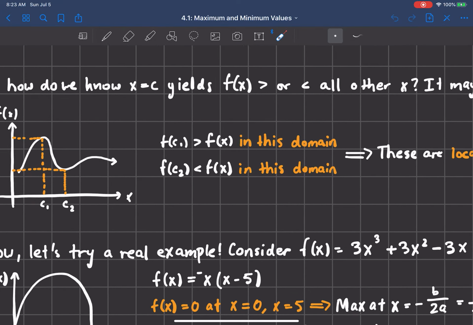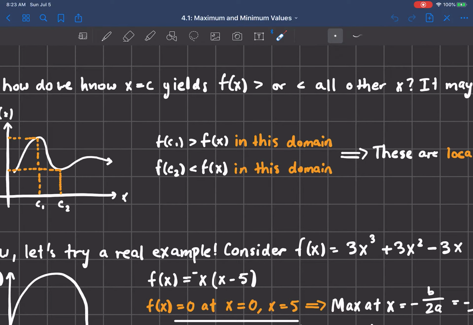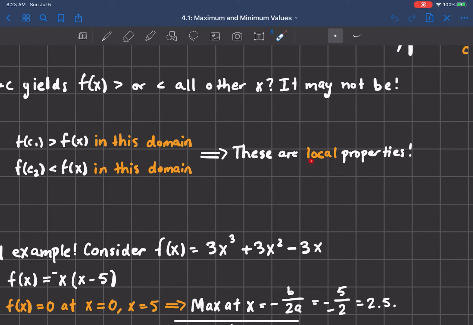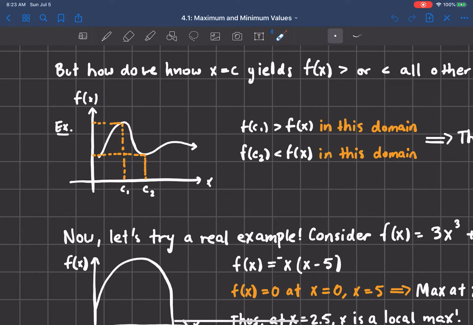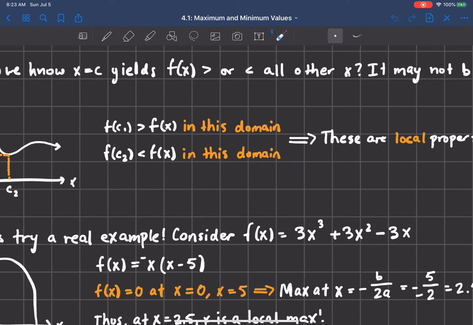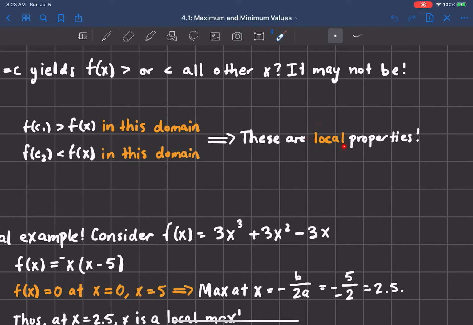Like we said, f of c1 is greater than f of x in this domain, and the same holds for c2 being less than f of x in this domain. As a result, these are local properties. We can't say anything about the whole function. We know just for this fixed part that this property holds. So we call these local properties because they hold for smaller subsets of our entire domain.